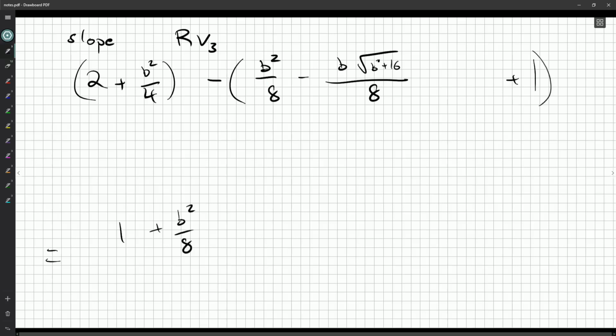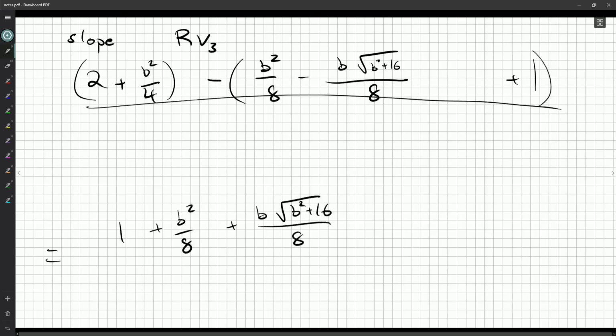And then we'll have minus minus, so plus b times the square root of b squared plus 16 all over 8. Then that's over b over 2 minus b minus the square root of b squared plus 16 all over 4.